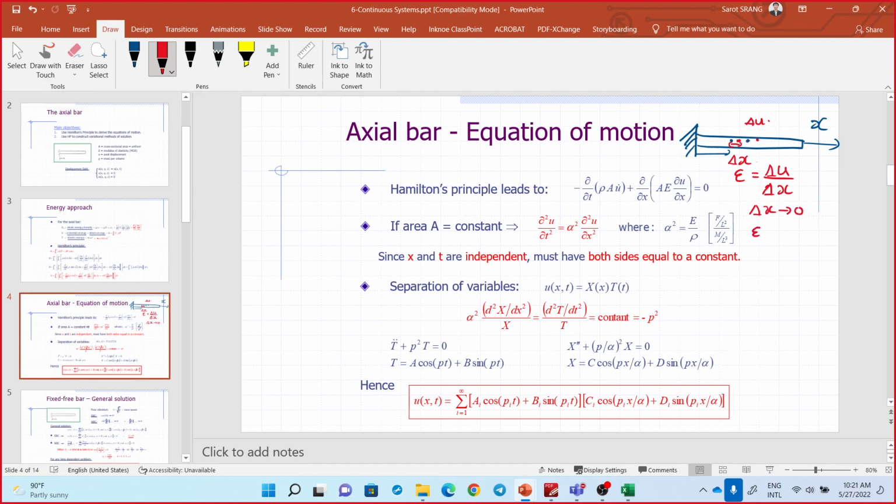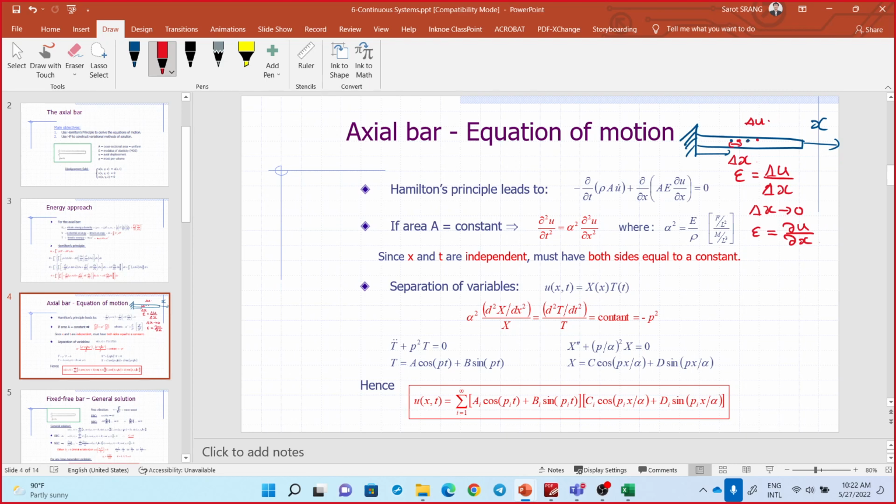Then we have the definition of instantaneous strain at the particular coordinate, epsilon equal to partial U over partial H. And the displacement at this particular point also changes in time if the bar is loaded by a force as a function of time.